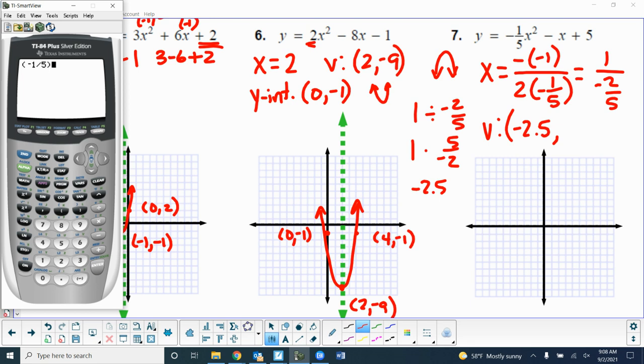Remember to write a fraction, just put it in parentheses, use division for the fraction bar. And then x squared, the squared button's up here on the left, a little bit above the 7.